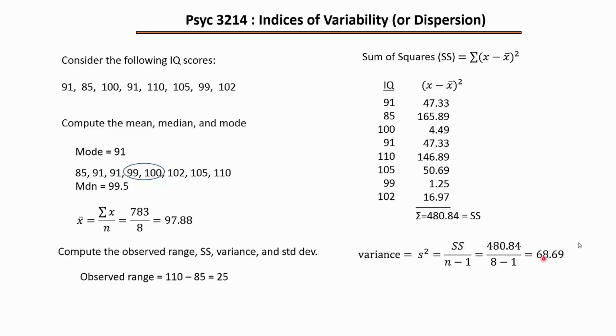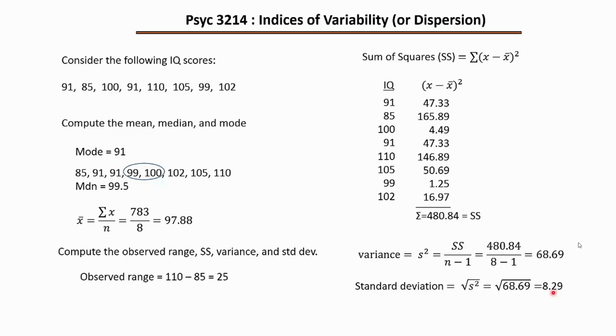Again, not user-friendly, so we're going to go ahead and take out the square, and that will give us the standard deviation. So take the square root of the variance here, and that gives me 8.29. So now I can say the scores are spread out on average about 8.29 IQ units. So not a lot of variability, but a bit of variability among the IQ scores here.